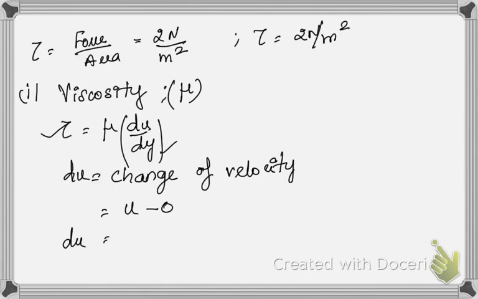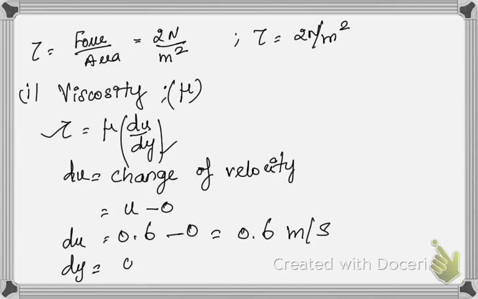So du is equal to 0.6 minus 0, which is equal to 0.6 meter per second, and dy is given as 0.025 into 10 power minus 3 meter.